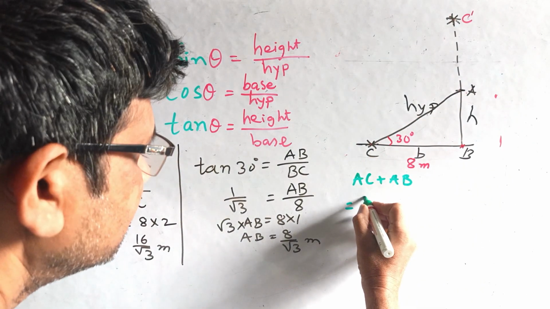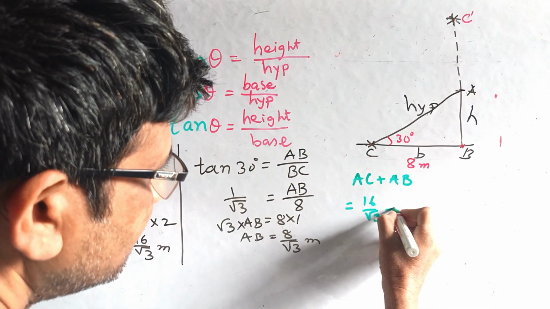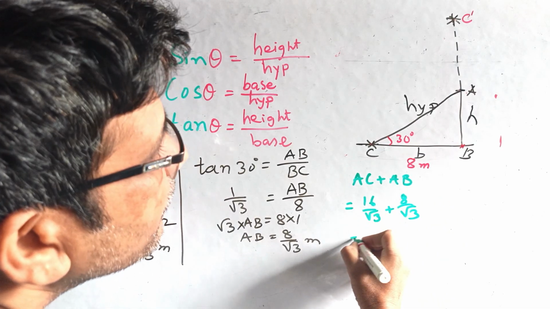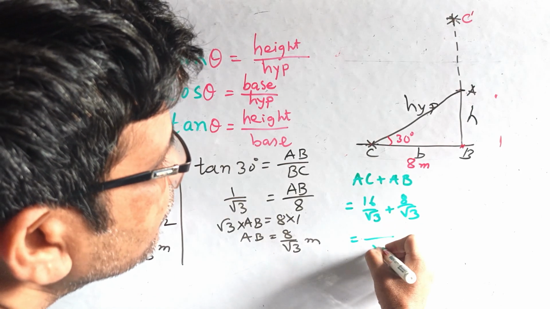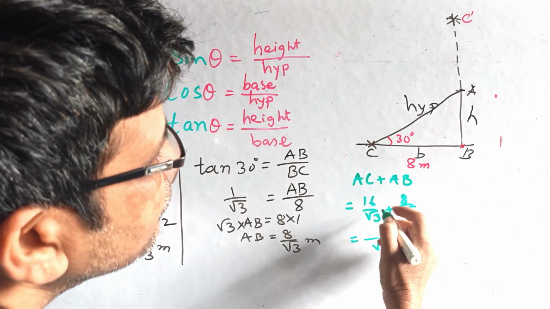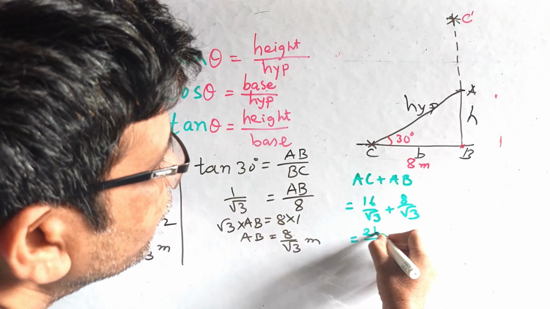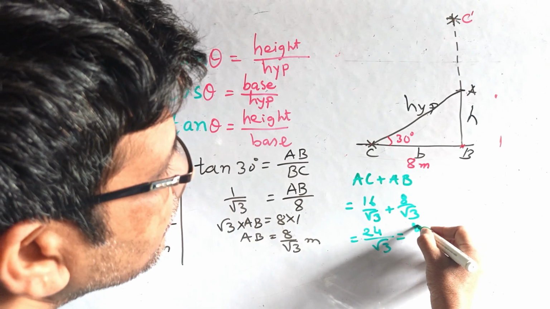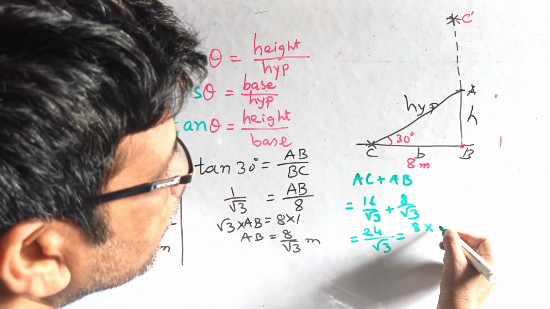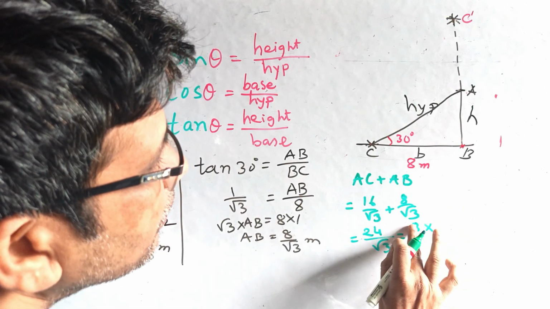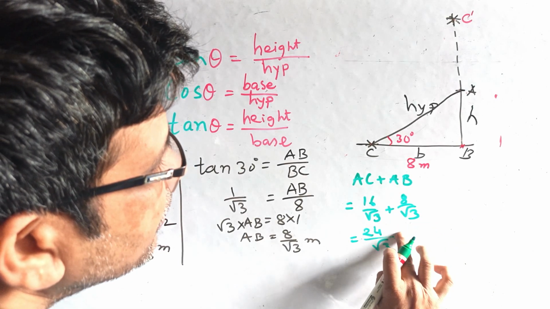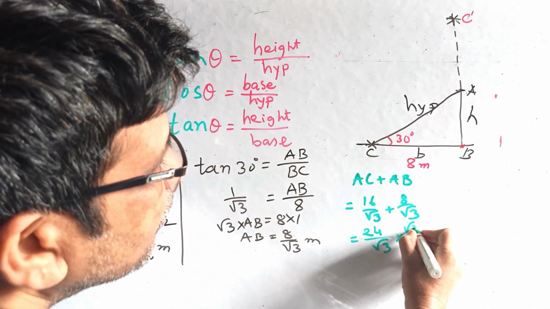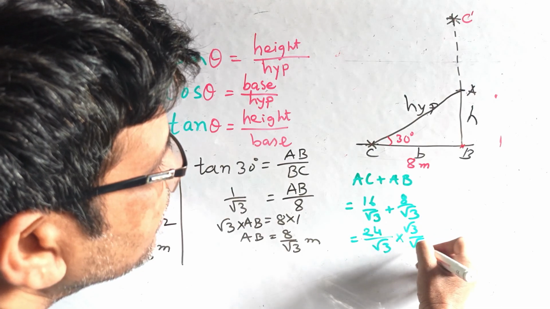So AC is 16 by root 3 and this is 8 by root 3. See here, root 3 is the common denominator. So in the numerator it will be 16 plus 8 is 24. Once you get 24 by root 3, you multiply by root 3 for rationalization.